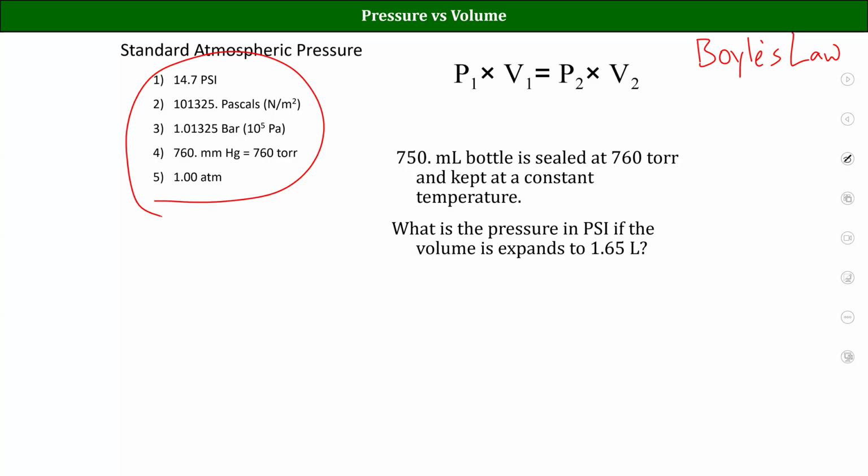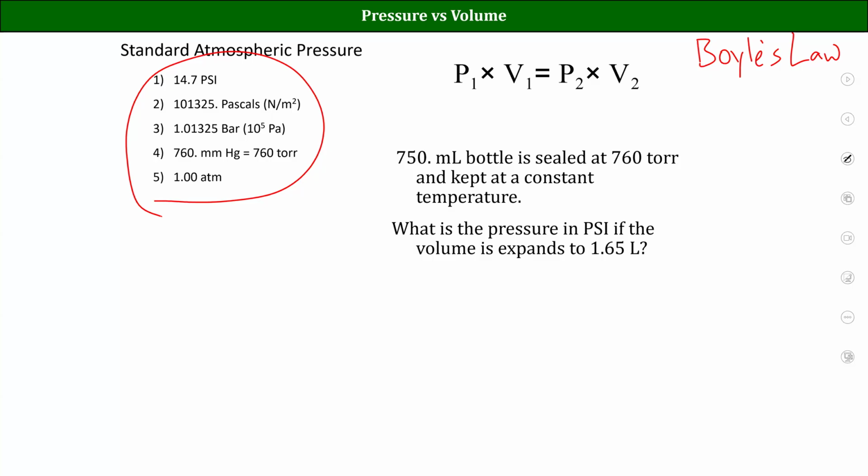So you have an empty bottle, you sealed it at sea level, and then you kept it in your car, so the temperature didn't really change. What is the pressure in PSI if the volume expands to 1.65 liters?